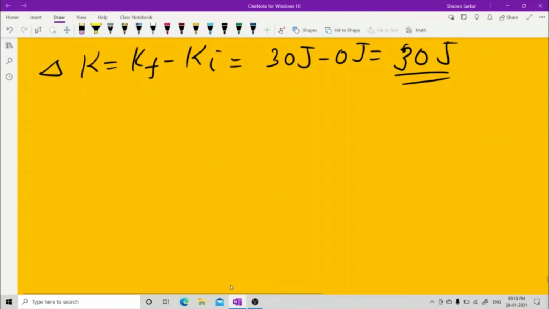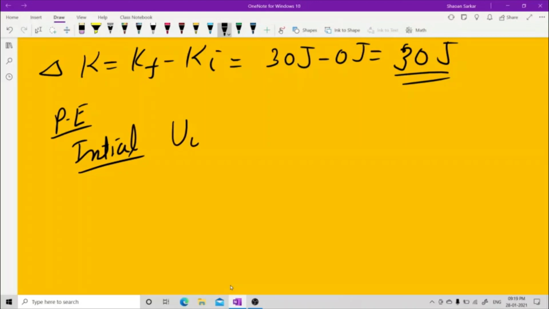Now for finding potential energy, initial potential energy, Ui. Initially the 2 kg mass is above at 3 meters, and the 1 kg mass is on the ground.